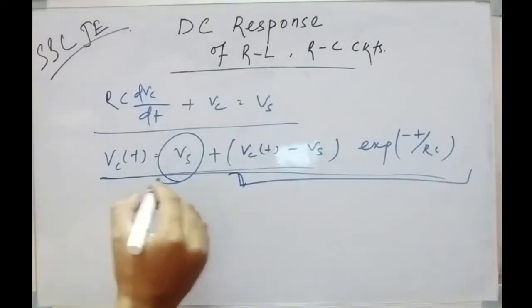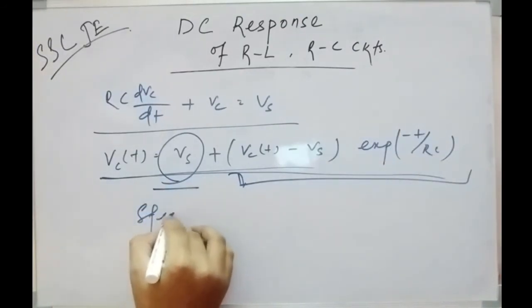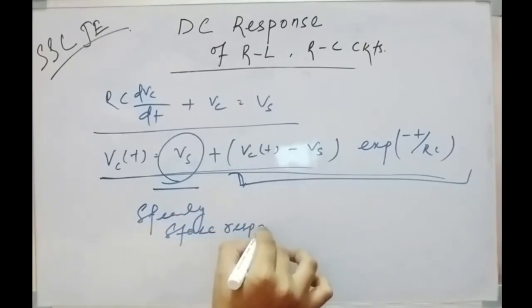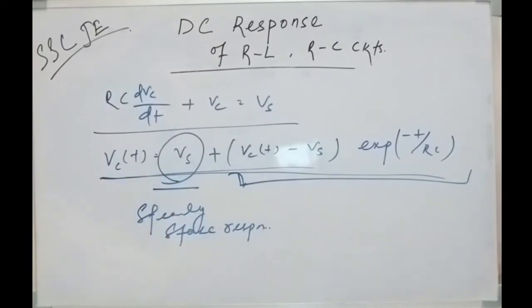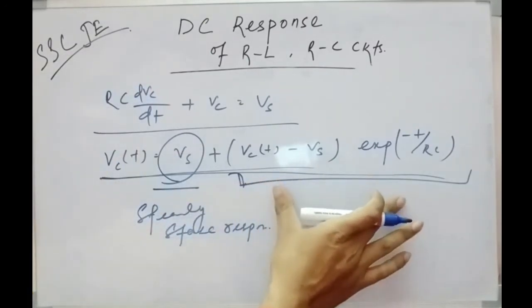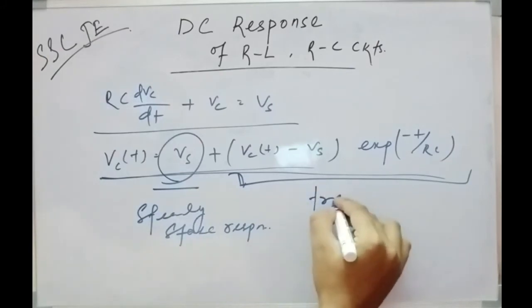So this part is nothing but the steady state response. It is called steady state not because it is constant. It is constant, no doubt, but steady state response means at t equals to infinity what is the response of the circuit. At steady state in the RC circuit, the voltage across the capacitor you are getting as the source voltage, that is Vs. That's why it is called steady state response, and this part is known as the transient response.